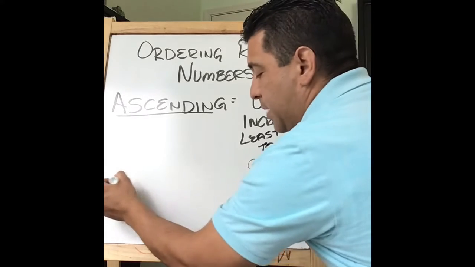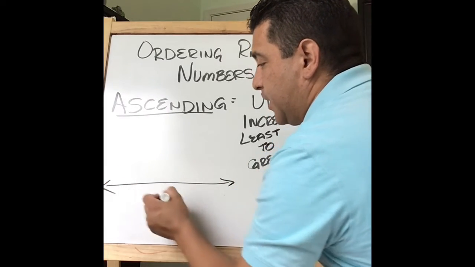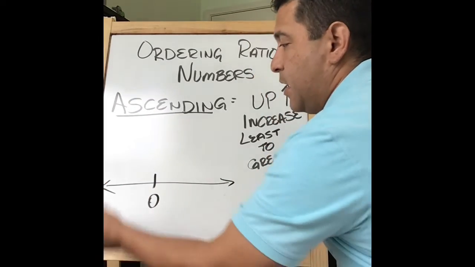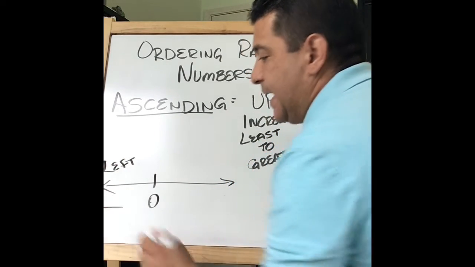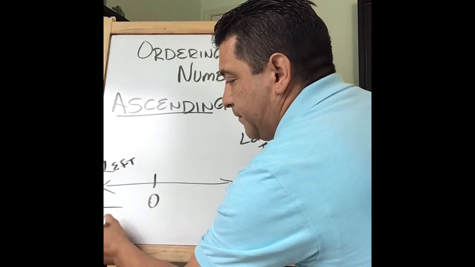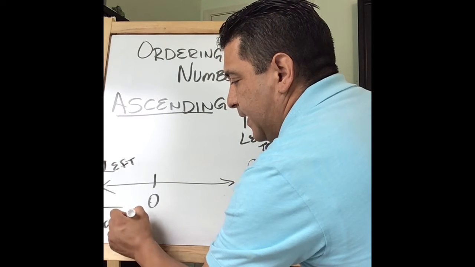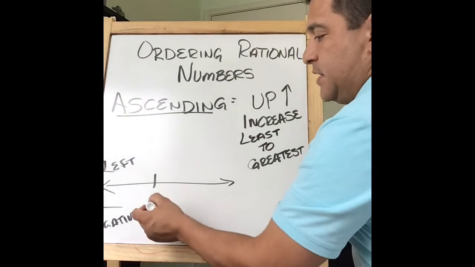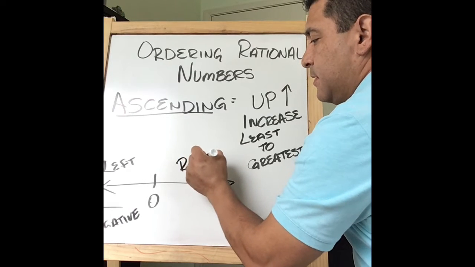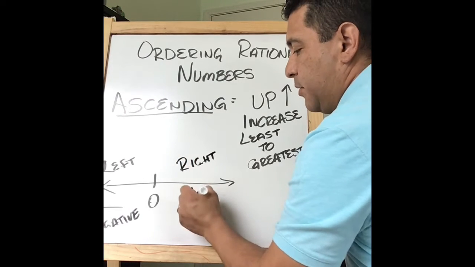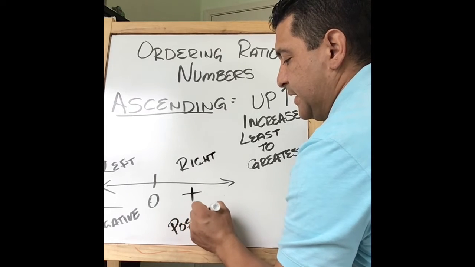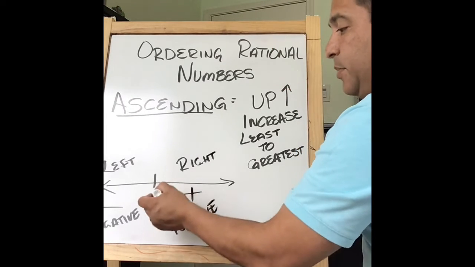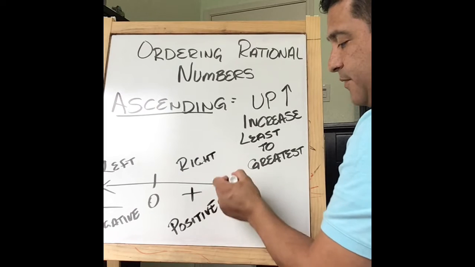So if we look at a number line, here's my 0. On my left side are all our negative numbers, okay? Negative. And on the 0 to the right, we have all our positive numbers. So it'll be from 0 all the way to whatever we finish.